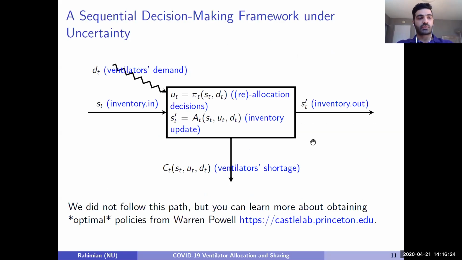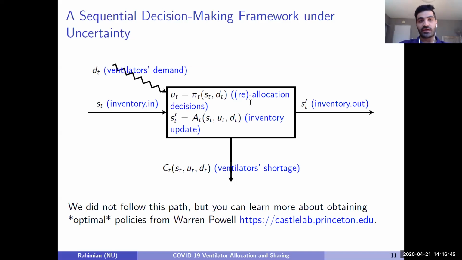The way that we can model this problem is through a sequential decision-making problem under demand uncertainty for ventilators, where at each time period, the states and FEMA have their initial inventory level that they can use. The stochastic demand is realized.